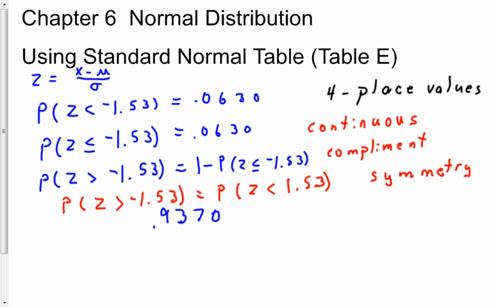Get it directly using the positive score, the symmetry, or you could use the 1 minus the 0.0630.